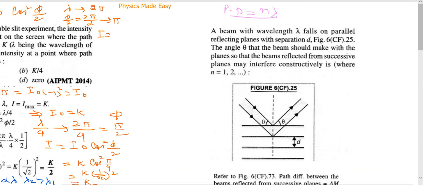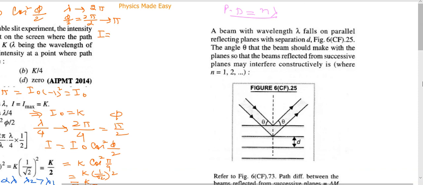In this case, let me first go through the problem. A beam with wavelength lambda falls on parallel reflecting planes with separation small d. The angle theta that the beam should make with the planes so that the beam reflected from successive planes may interfere constructively. We have to find out this angle.